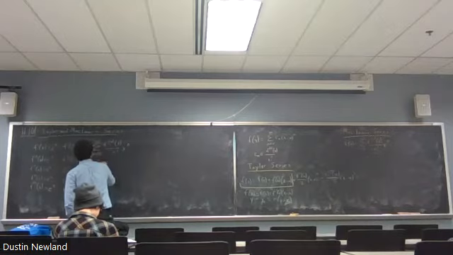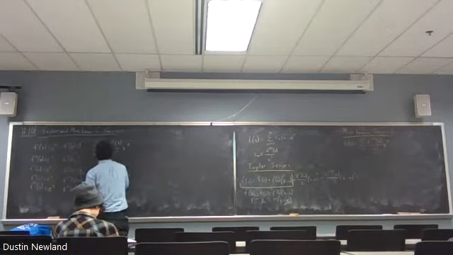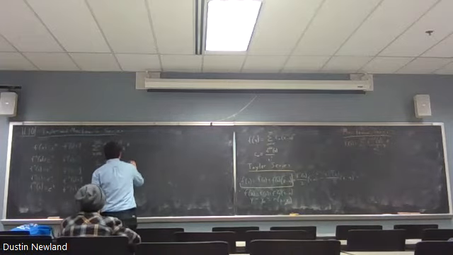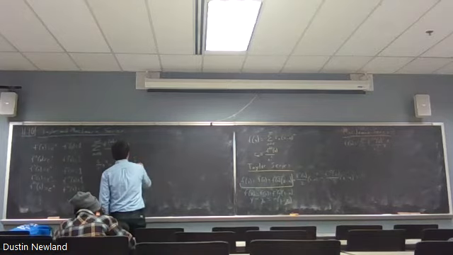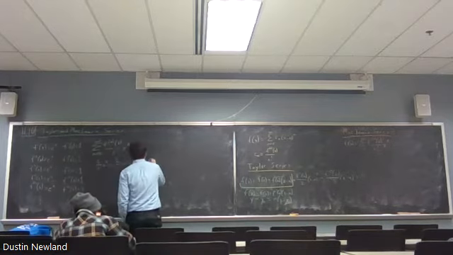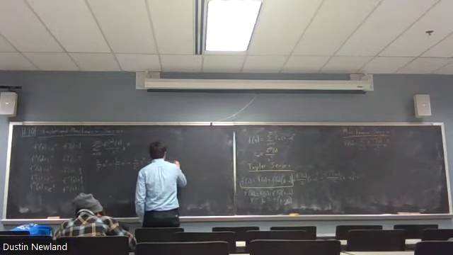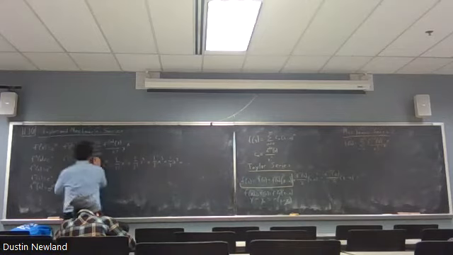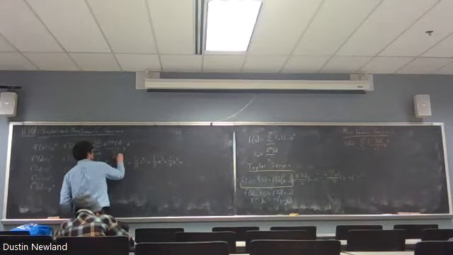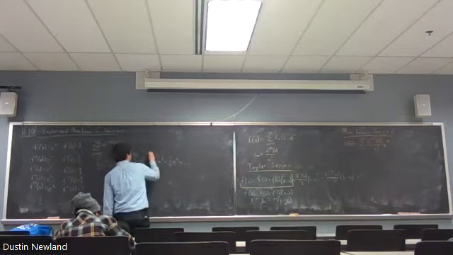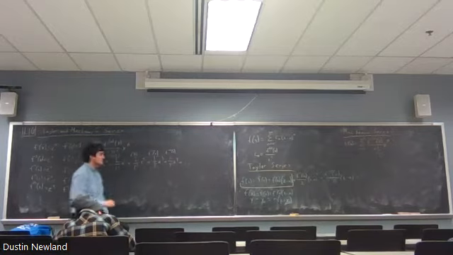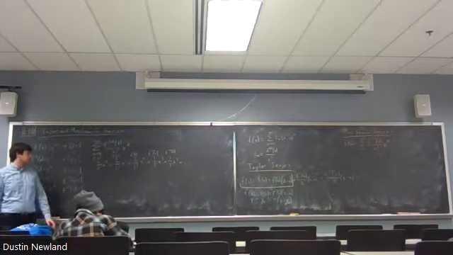So we get 1 over 0 factorial x to the 0, and then plus 1 over 1 factorial x to the 1, plus 1 over 2 factorial x to the second power, plus 1 over 3 factorial x cubed, plus 1 over 4 factorial x to the fourth. Again, I'm just plugging in each of the values. So this is f of 0, this is f prime of 0, this is f double prime of 0, this is f triple prime of 0, then the fourth derivative at 0, and we'll just go on on each of those numbers.